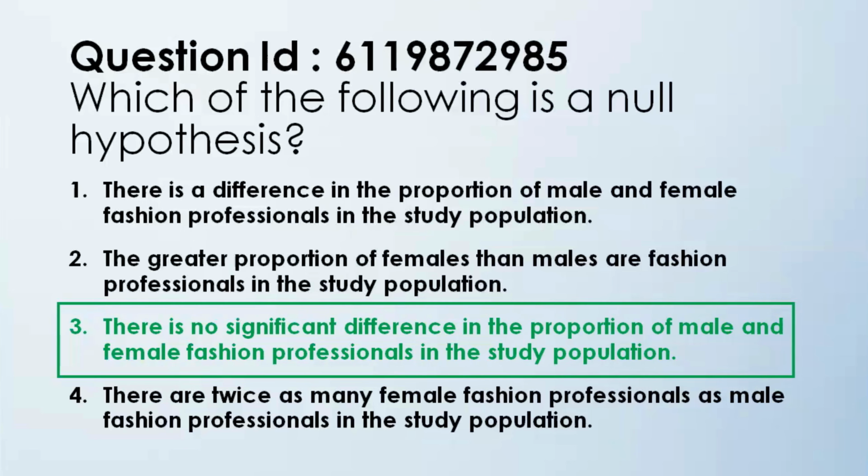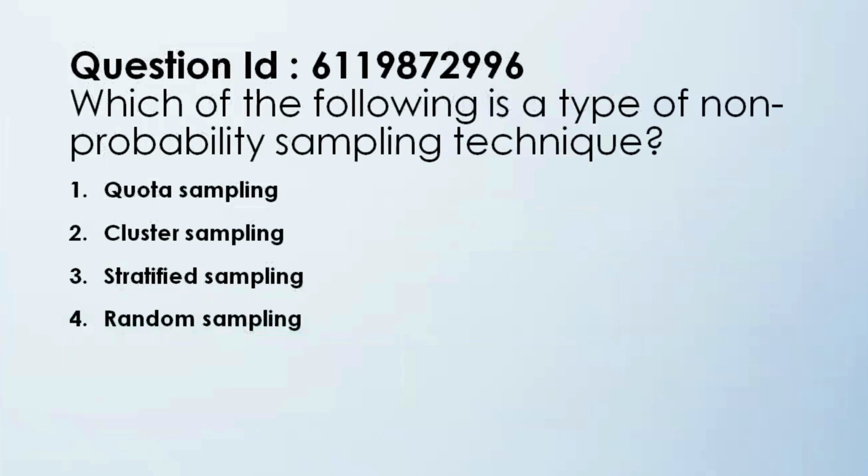In a null hypothesis, we are trying to predict or hypothesize that the two groups are almost the same. There is no significant difference. That is the null hypothesis. If you are going to make any other prediction, that becomes an alternate hypothesis. So null hypothesis is always associated with no significant difference. Moving on to the next question.